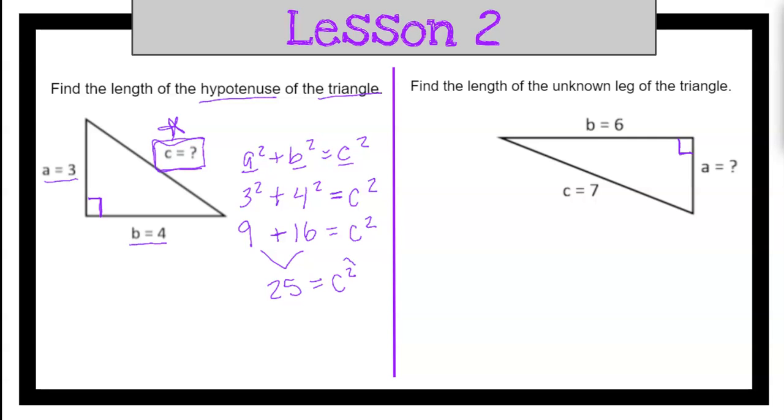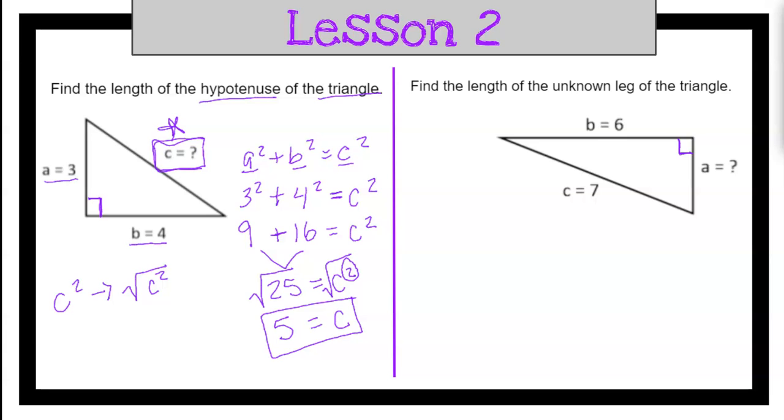We need to undo the squared with its inverse. And remember, the opposite of c squared, or the inverse operation, is the square root of c squared. So we're going to take the square root of both sides to undo that square. And the square root of 25 is 5, equals the square root of c squared is just c. So our hypotenuse is 5.